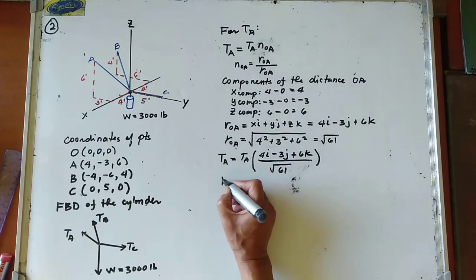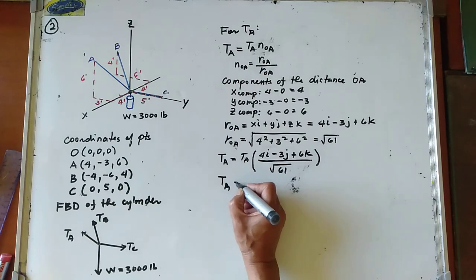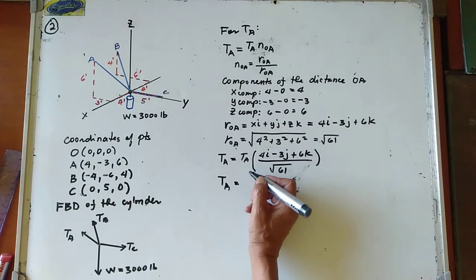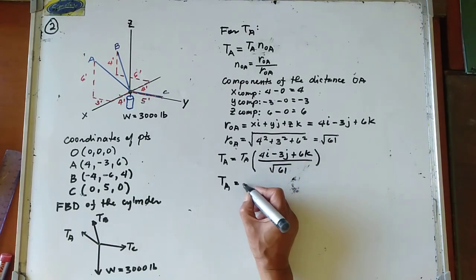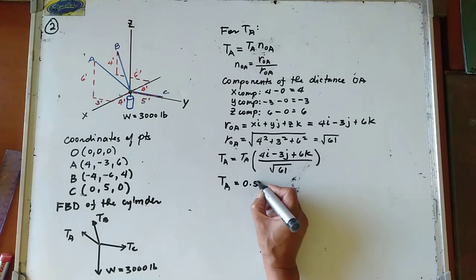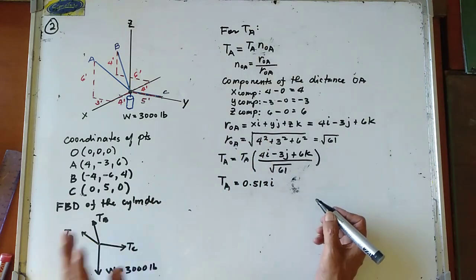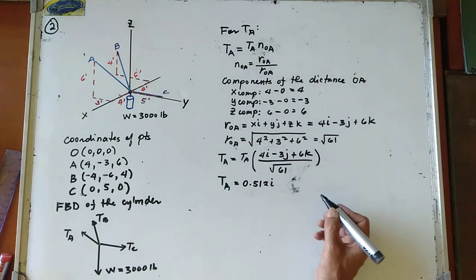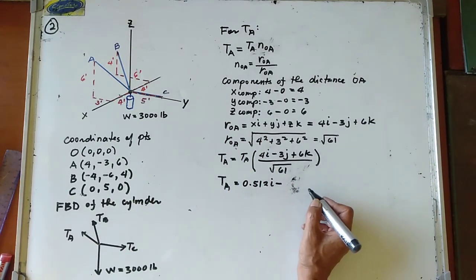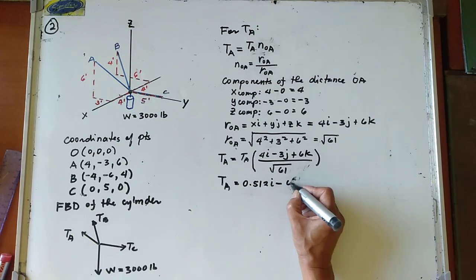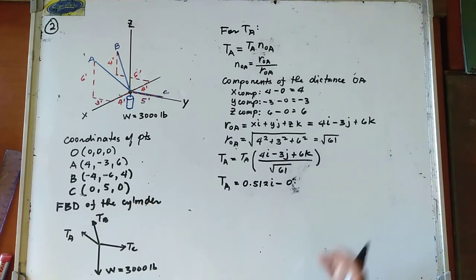So your TA is now equal to 0.512i, 4 over the square root of 61, minus 3 over the square root of 61 is minus 0.384.